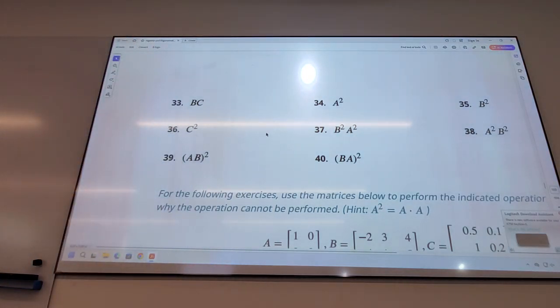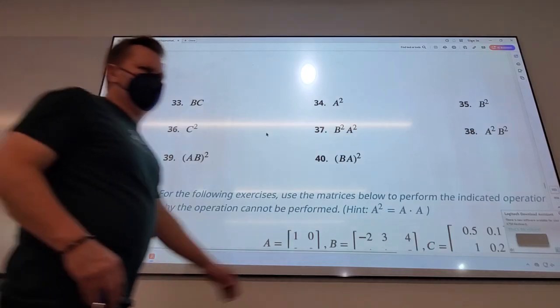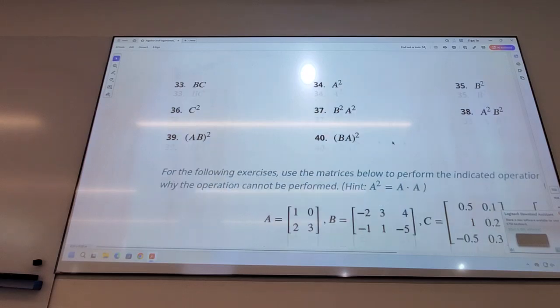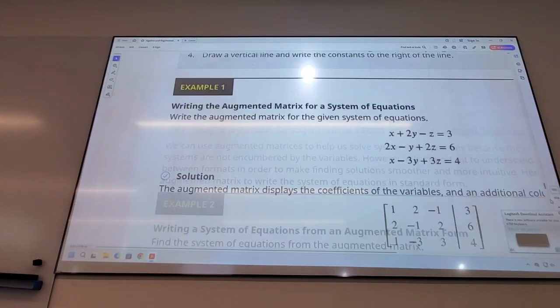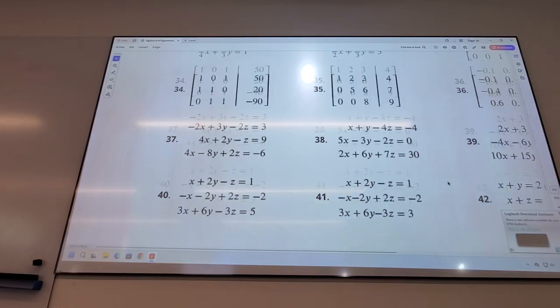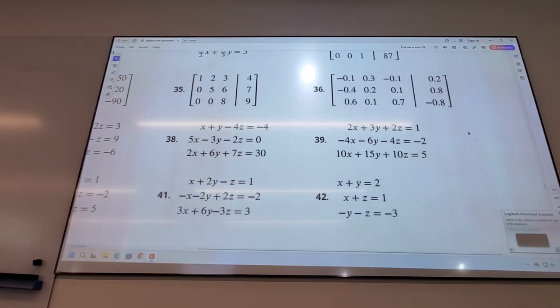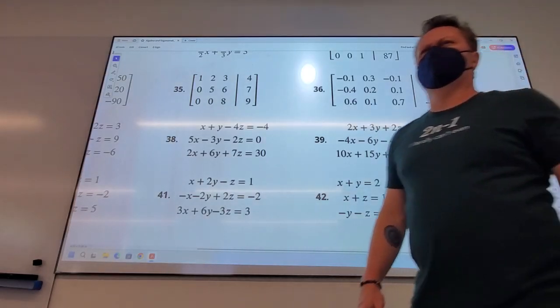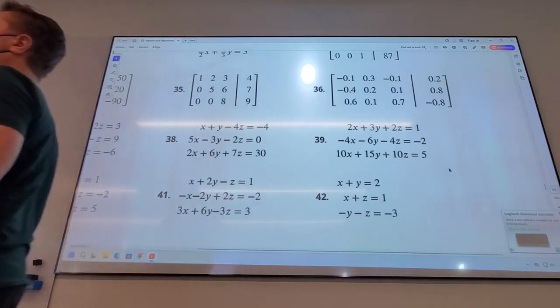It's more like 11.6. Yeah, see there. That's 11.6. Did I assign that one? I don't think so.